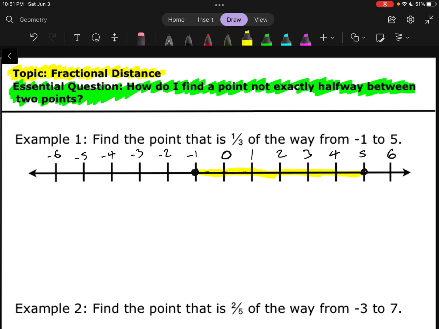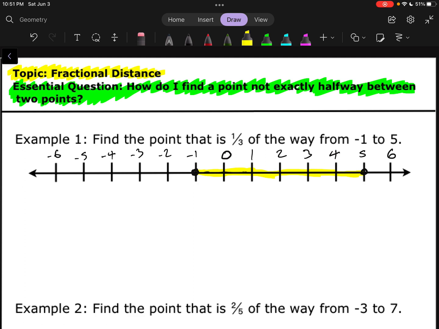And we're traveling left to right, from -1 to 5. So how do we handle 1/3 of that distance? What I'm going to recommend is we always consider where we're starting and where we're going. We're starting at -1 and going to 5.